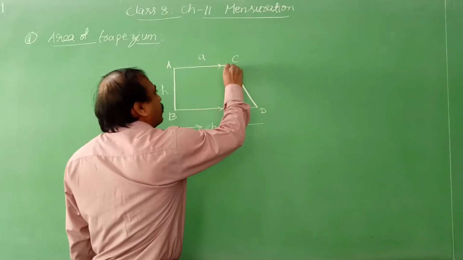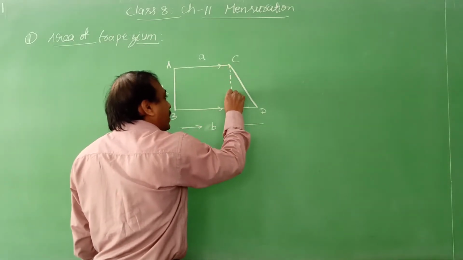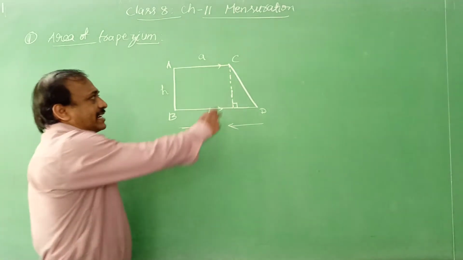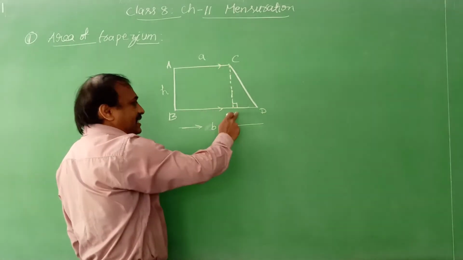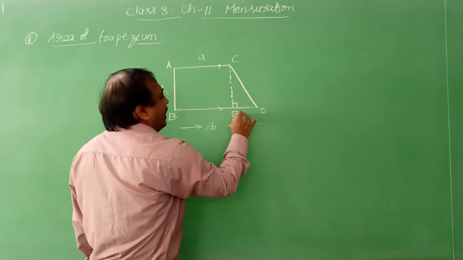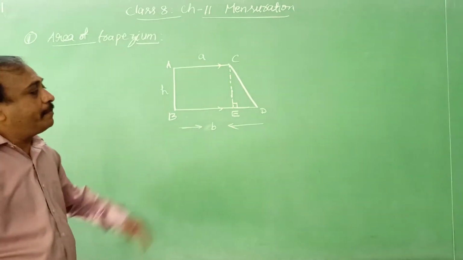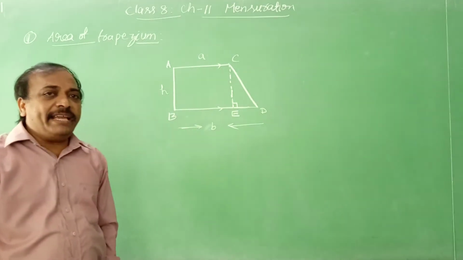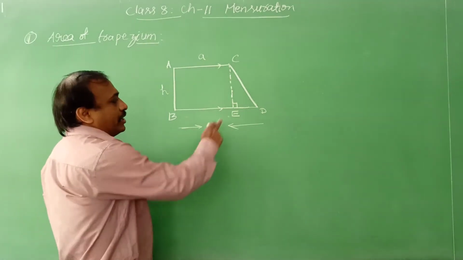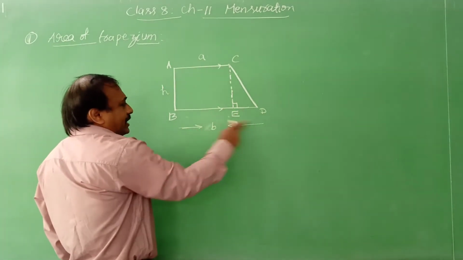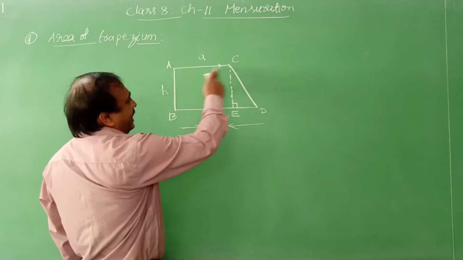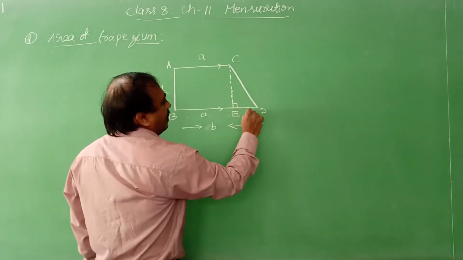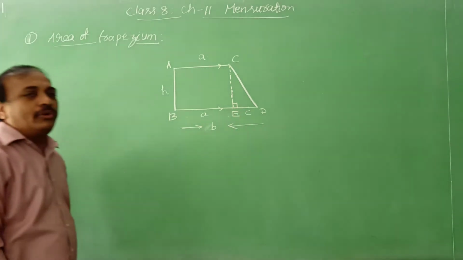Draw a perpendicular from vertex C to BD, and locate the point as E. The total length BD is given as B. From A to C, which is the same as B to E, this also will be A. And ED is equal to C units.